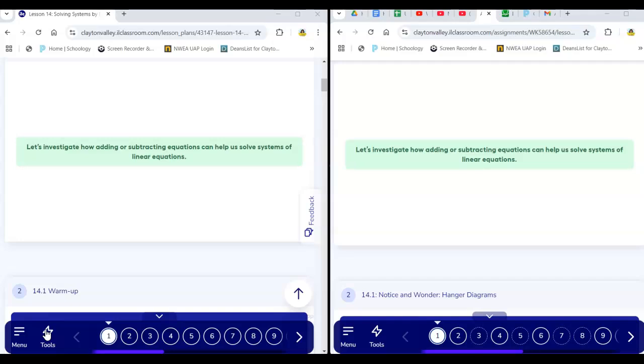And to finish, first you learned to graph two equations, and you learned that the place where the two lines cross is a point that makes both equations true.